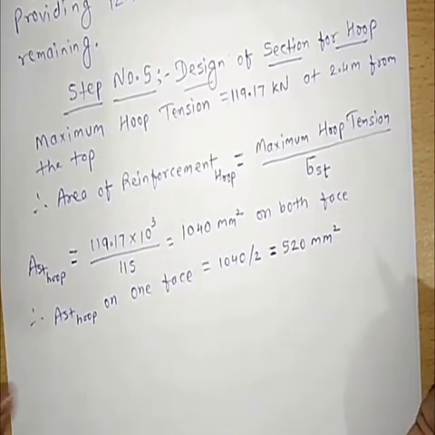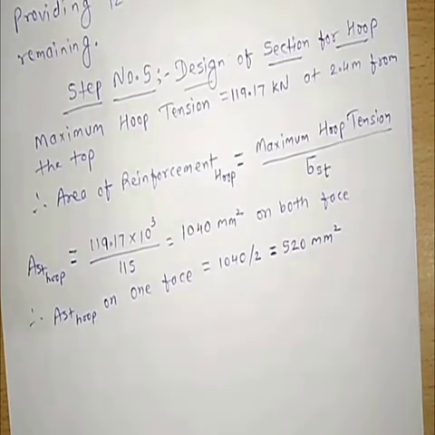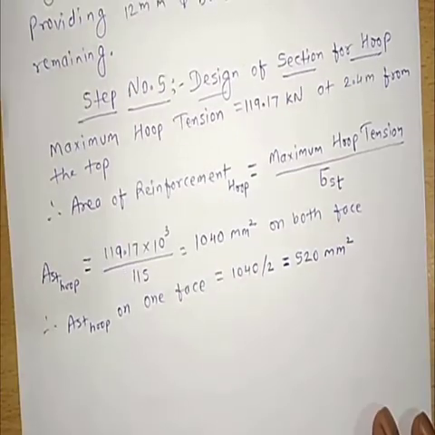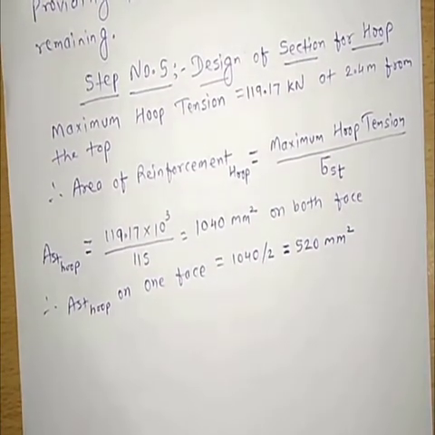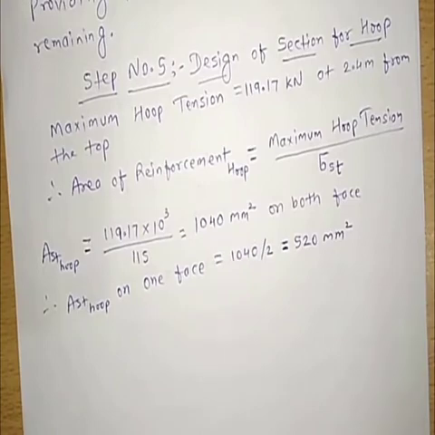So we got the area. Now we need to choose the diameter of the bar and calculate the spacing. So in this step we have calculated the maximum hoop tension, and from that we have calculated the area of the hoop reinforcement, which is to be on each face.